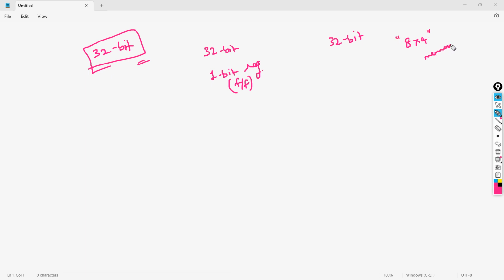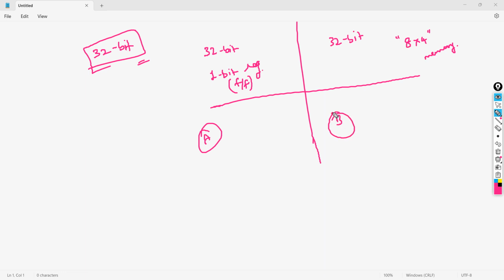Now in terms of power and area, which is going to be the best one? You have to store a 32-bit value. You use 32 registers, individual flip-flops, that is option A. Or you can use an 8 cross 4 memory, which also stores a 32-bit value, that is B. Now in terms of area, which is going to be efficient?